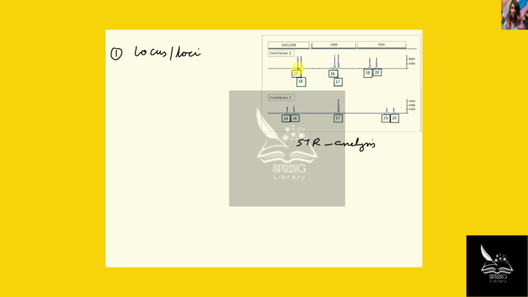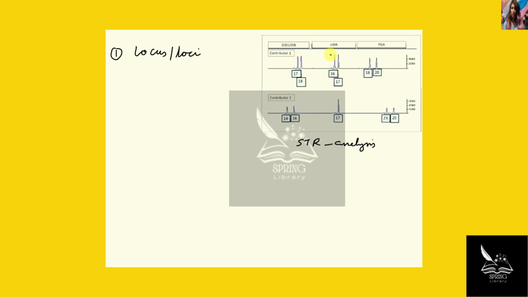In the STR analysis chart, the loci are represented by rows, which are labeled D3S1358, VWA, and FGA, and so on.